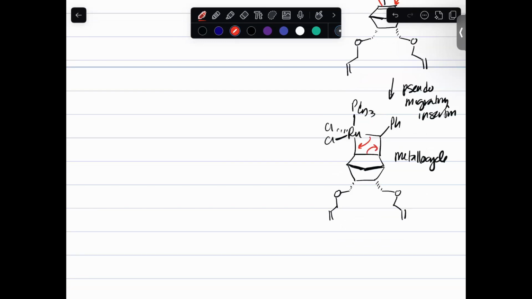Now, typically our collapse includes the formation of styrene, right? In this case, because we're starting with the ring, we don't have styrene. Our byproduct, i.e. our double bond between the two carbons with the phenyl group, is part of our product.